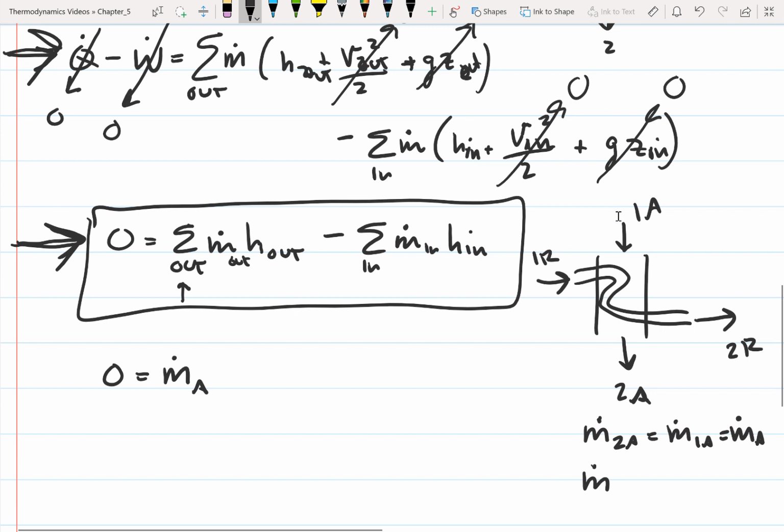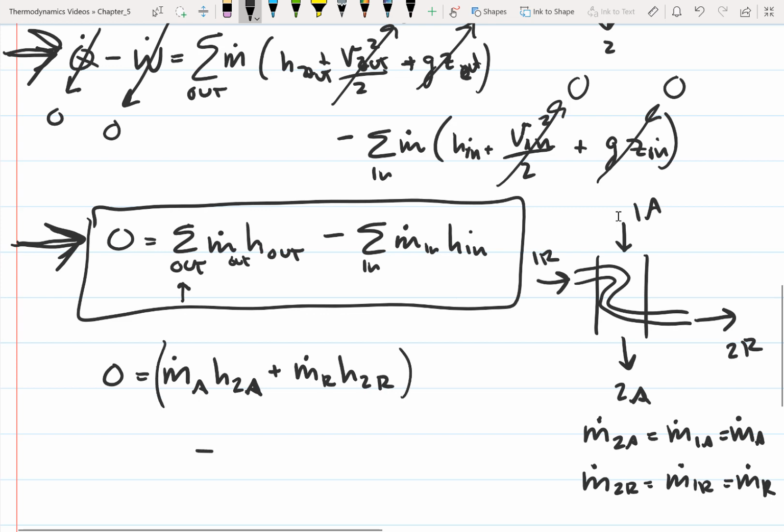The same thing with the refrigerant, so M2R is equal to M1R, and I'm just going to call that MR. So I have MA, the mass flow rate of the air at the outlet, multiplied by the enthalpy at the outlet for A, plus MR, the refrigerant, multiplied by the enthalpy of the refrigerant.